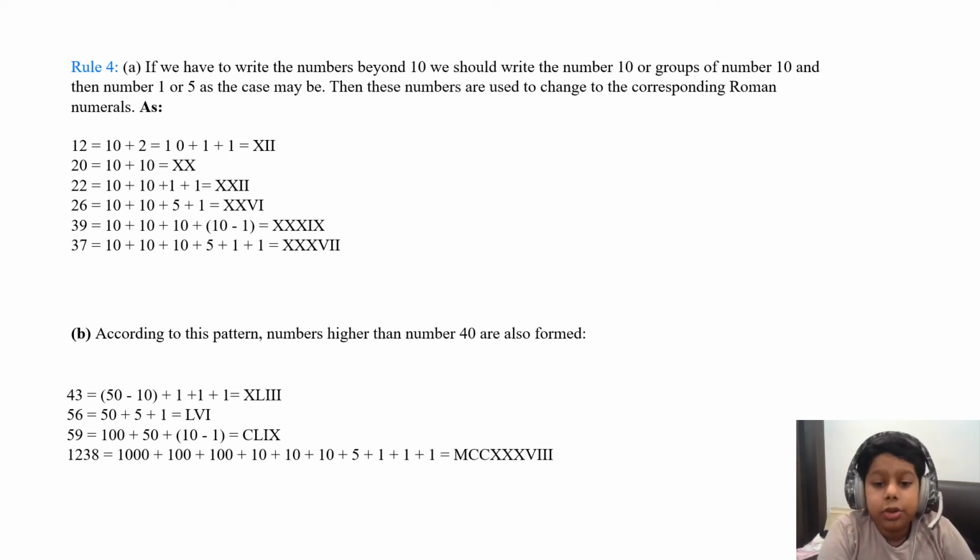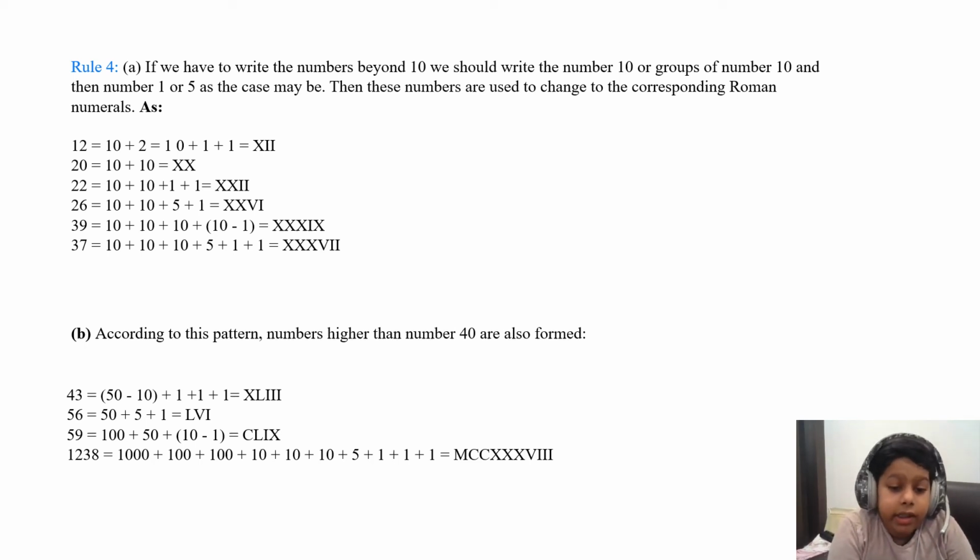Then these numbers are changed to corresponding Roman numerals, as 12 equals 10 plus 2 equals 10 plus 1 plus 1 equals XII. 20 equals 10 plus 10 equals XX. 22 equals 10 plus 10 plus 1 plus 1 equals XXII. 26 equals 10 plus 10 plus 5 plus 1 equals XXVI. 39 equals 10 plus 10 plus 10 minus 1 equals XXXIX. 37 equals 10 plus 10 plus 10 plus 5 plus 1 plus 1 equals XXXVII.